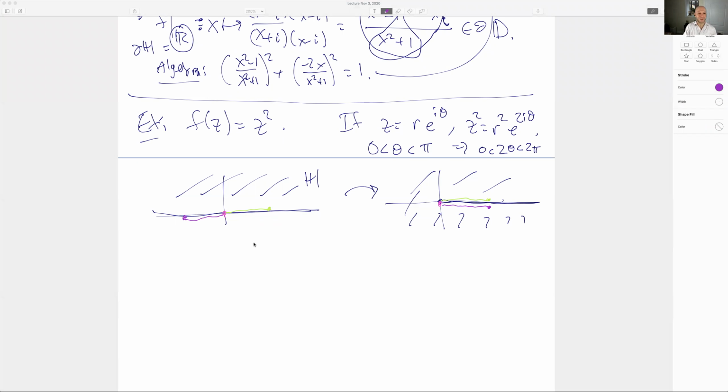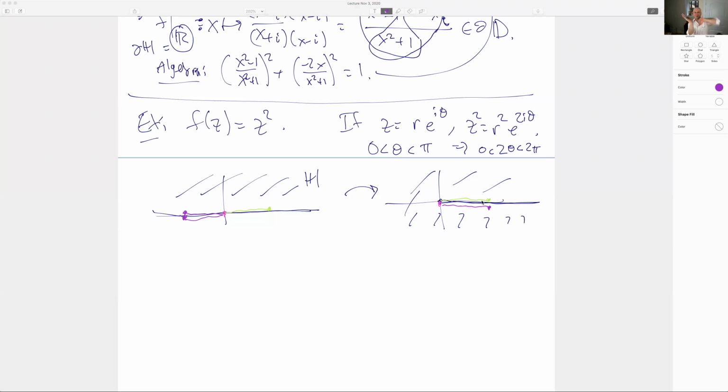Because we don't really have negative numbers. We have negative numbers that are the limits of things with theta very close to pi. So their squares will be things very close to 2 pi. That's why I'm drawing them above and below. You see, so that straight line gets folded.